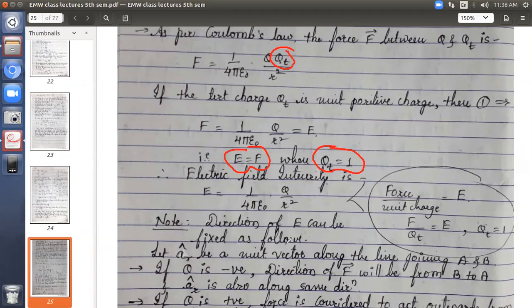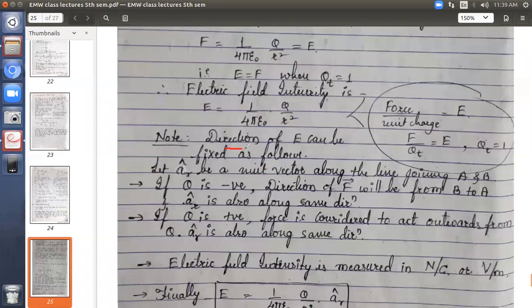Now, as I told you, electric field is a vector quantity, so the direction is very important. How to fix the direction of E? Just like the force, what we did in the previous session.